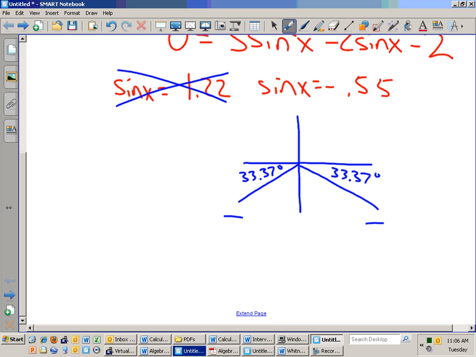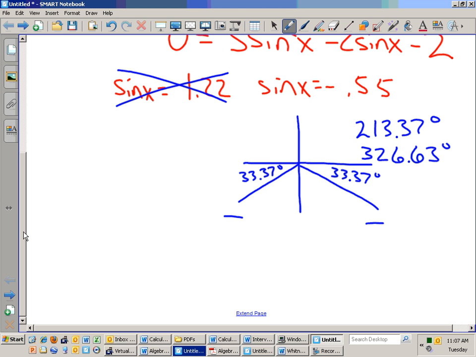So now I have my two solutions. 213.37 degrees and 326.63 degrees. What do you think? Good?